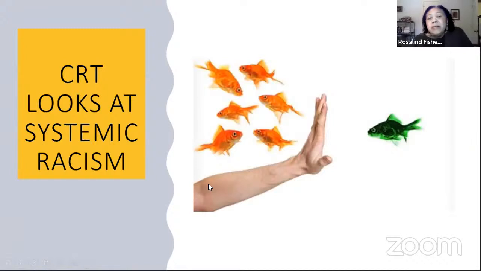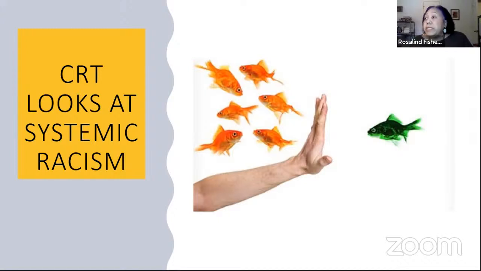So CRT looks at systemic racism, the idea that there are groups of people who are the underdog, and that those individuals have systemically been put in positions in our society in which they have been kept in a position of not being equal.